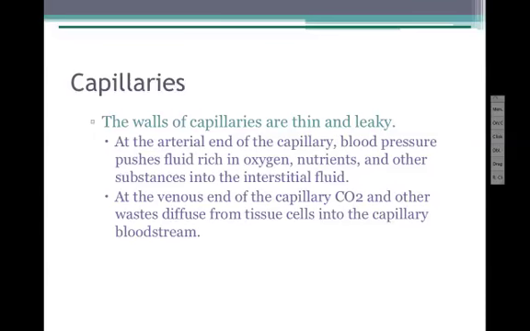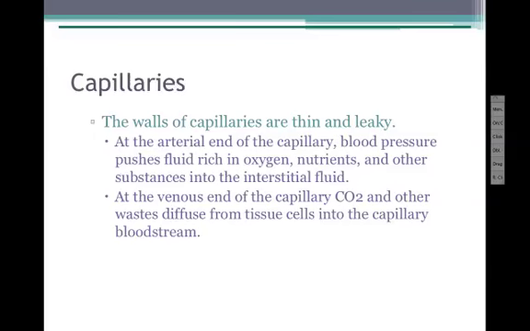Now, capillaries are thin and leaky. In other words, the fluid inside the capillary is going to leak out of it to the interstitial fluid outside it. At the arterial end of the capillary, which is the blood that's come from the heart, it's got more oxygen in it, there's a higher blood pressure in it, and it's full of oxygen, nutrients, and other substances.